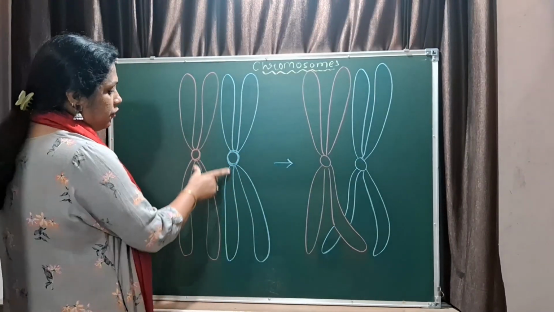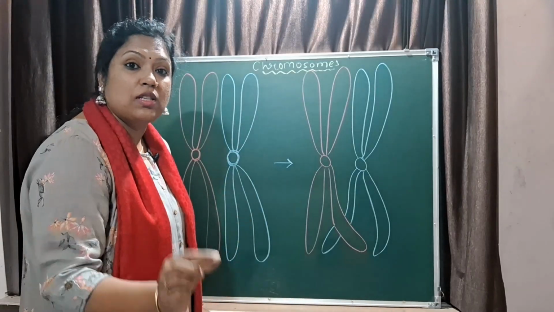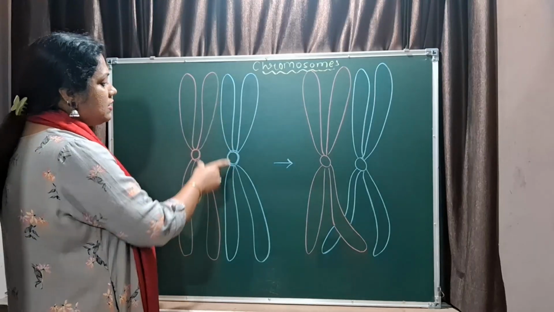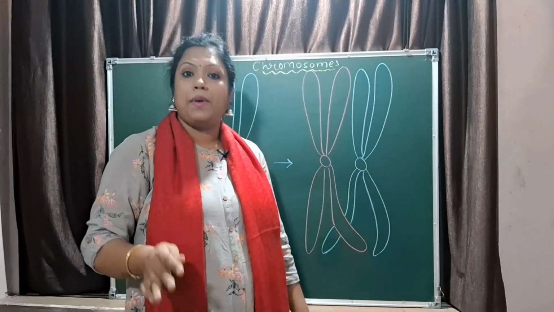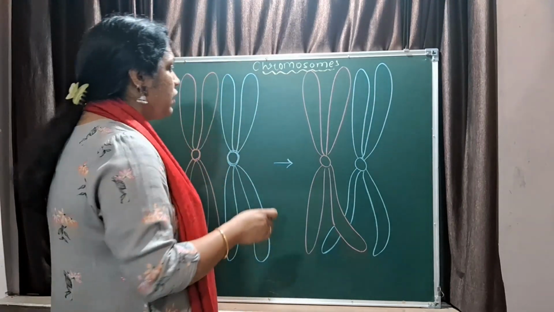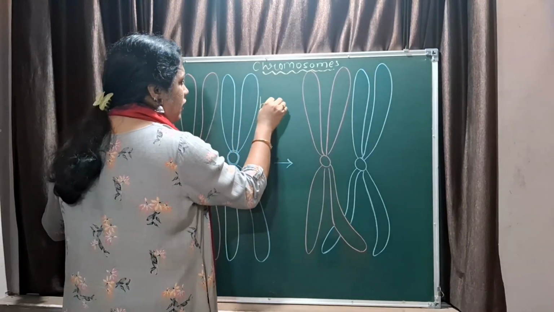Now these set of chromosomes which we inherit from our parents is called homologous chromosomes. A pair of chromosomes of same size, structure, inherited from either of our parents is called homologous chromosomes. Now you have understood the term homologous chromosome, right?